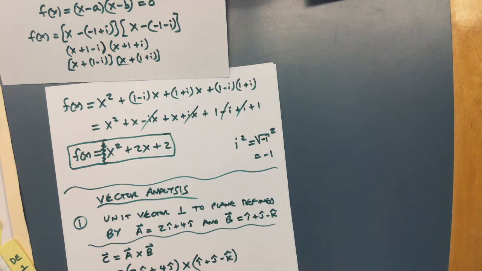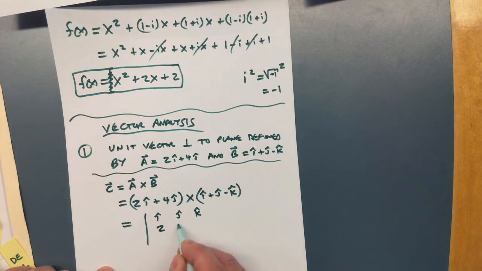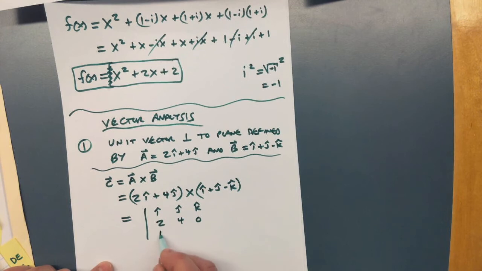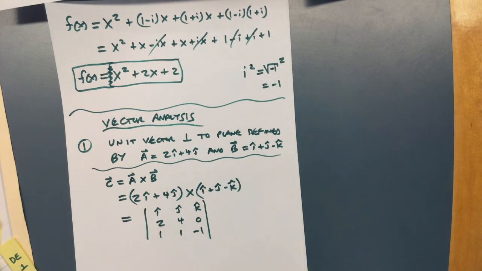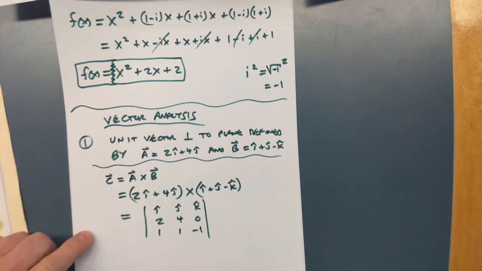You could carry this out easily by just distributing, or you can write it as a determinant. If we have two vectors with three components, i, j, and k, and then we define the coefficients of those three vectors and take that determinant, we get the same thing as distributing the 2i and the 4j with the other vector through cross products.